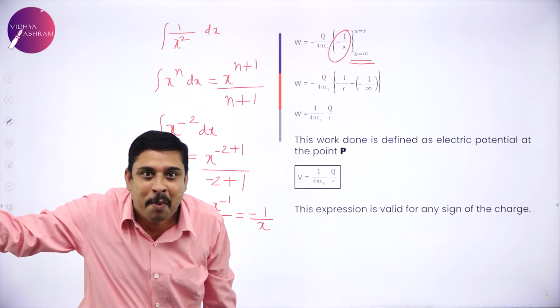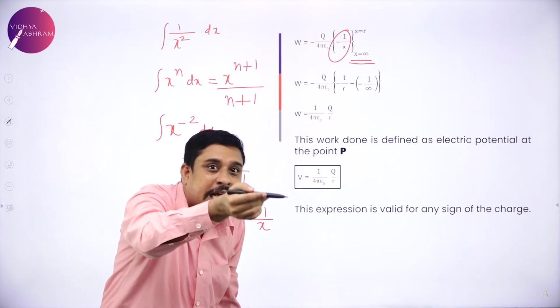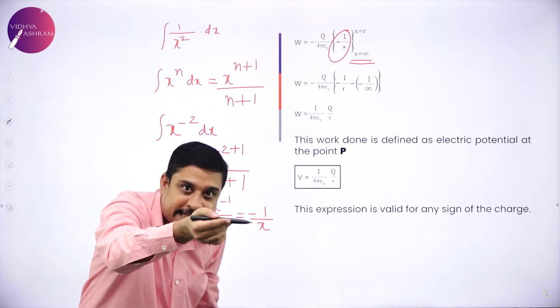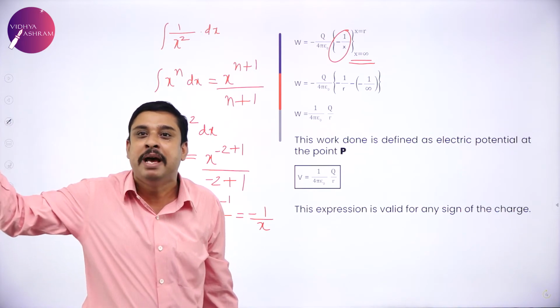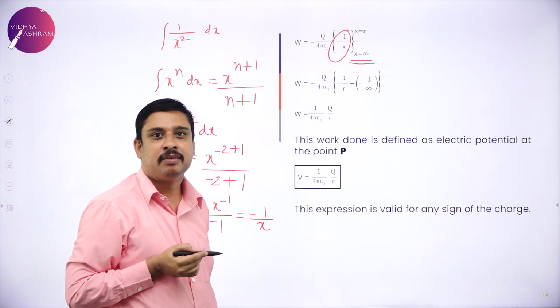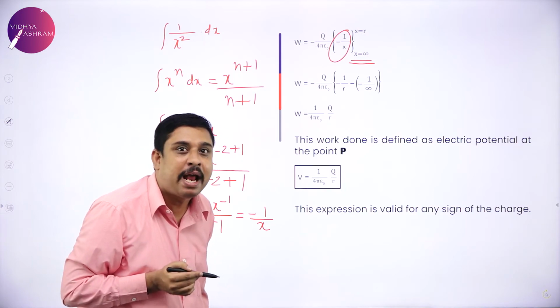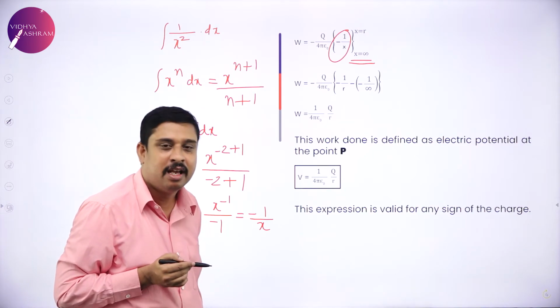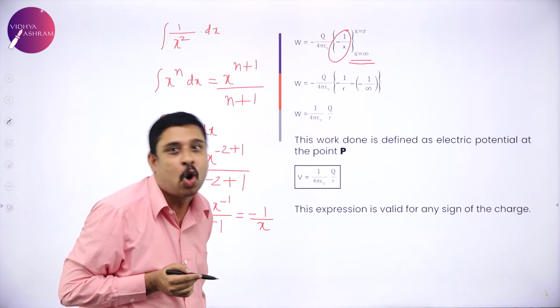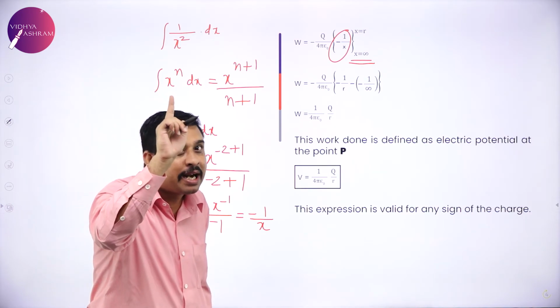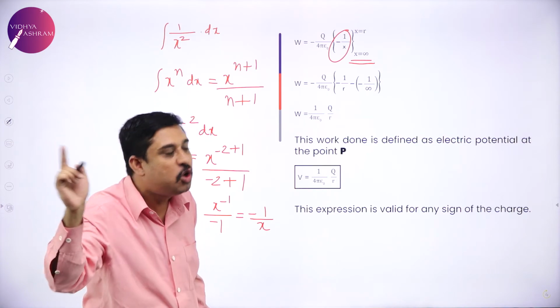Starting from infinity I have moved the charge up to r. So my distance has to vary from infinity to r. And the technique of applying limits is always upper limit minus lower limit. Upper limit minus lower limit.